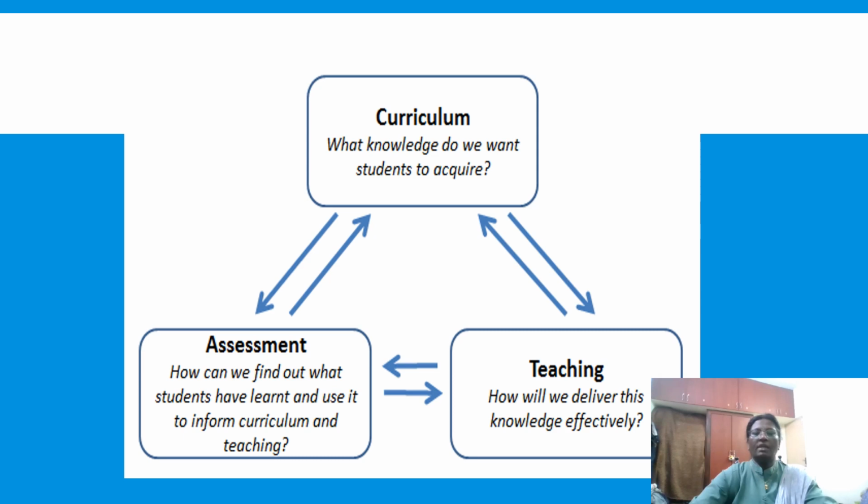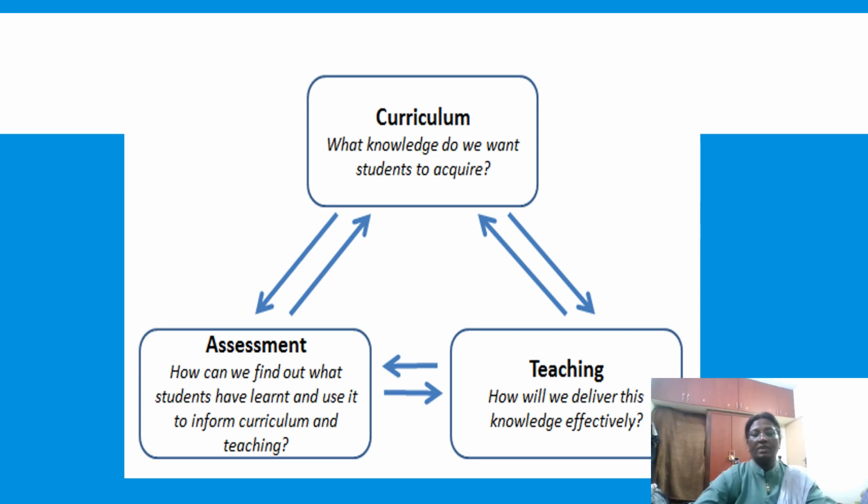Now, the curriculum is divided into three parts: curriculum, teaching, assessment. Everything is interlinked. What knowledge do we want the students to acquire? That is the curriculum. So what knowledge we are going to give the children for a particular syllabus, and how the students will acquire it.